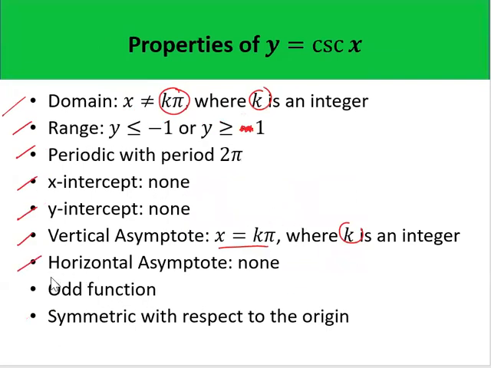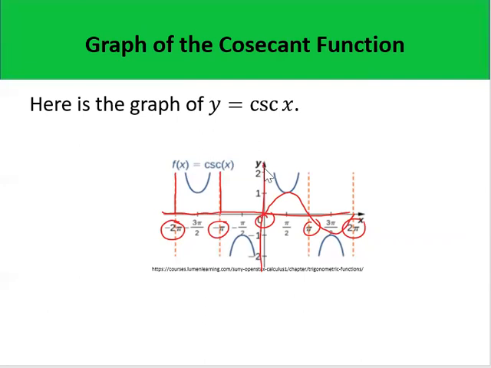And it doesn't have any horizontal asymptote, and it's an odd function, which means that cosecant of -x is equal to the negative of cosecant x. And it is symmetric with respect to the origin, which means that if we fold the graph along the y-axis and then followed by a fold on the x-axis, the graph will just overlap.